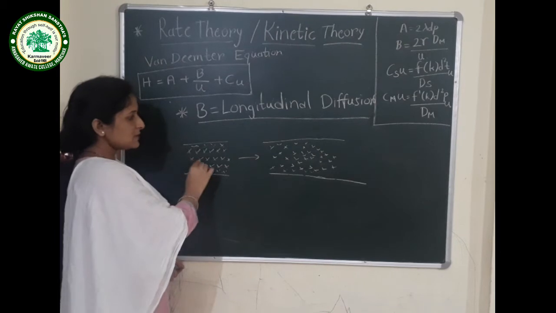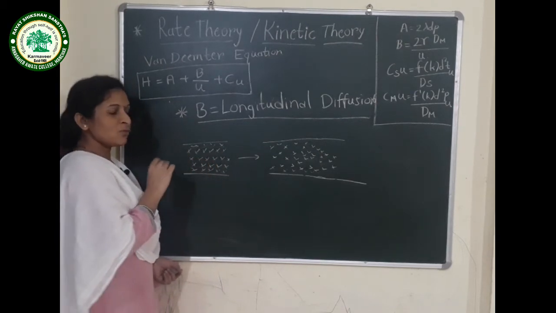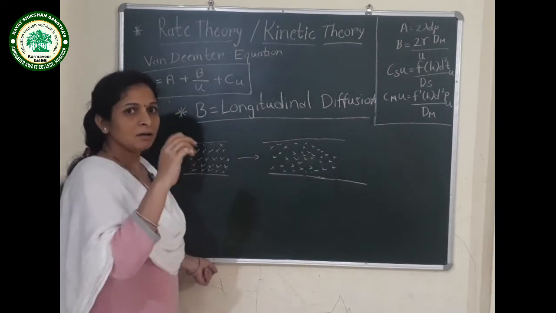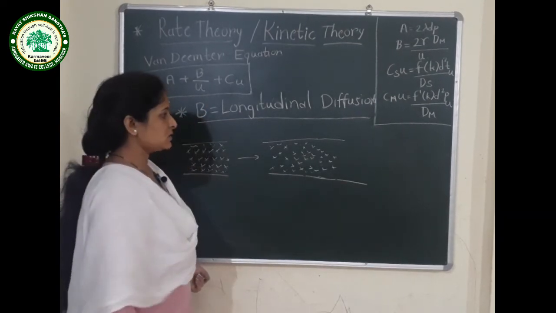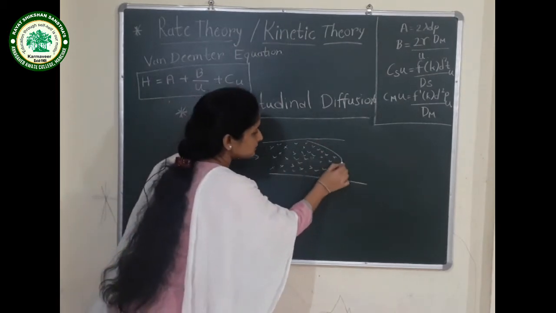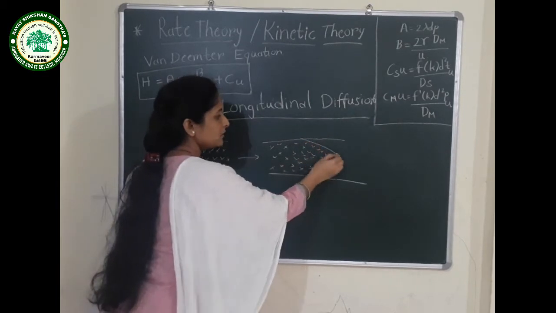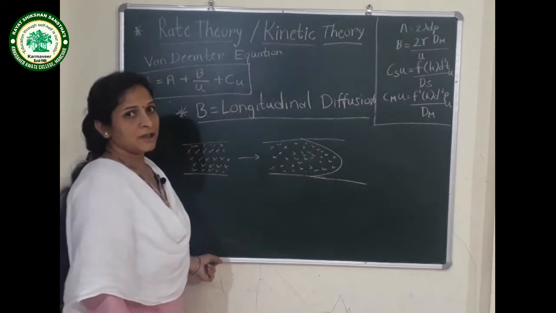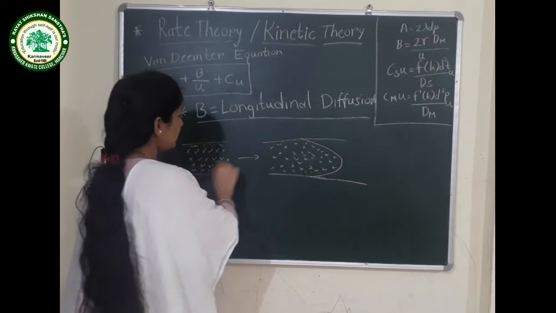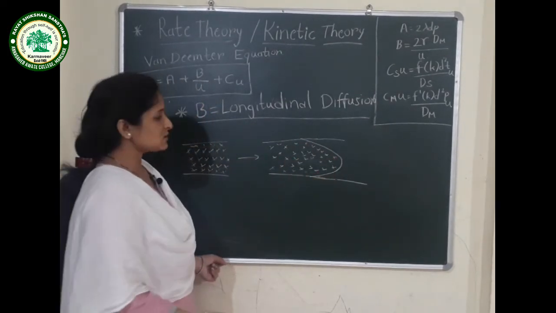Then what does it mean? There is a traveling of the mobile phase. It means when we put the mobile phase, it travels in the stationary phase. Now in the stationary phase, it will travel like this. Okay, it means there is the turbulence effect in the stationary phase. When the mobile phase is traveling through the stationary phase, there is the turbulence effect. What is the turbulence effect?